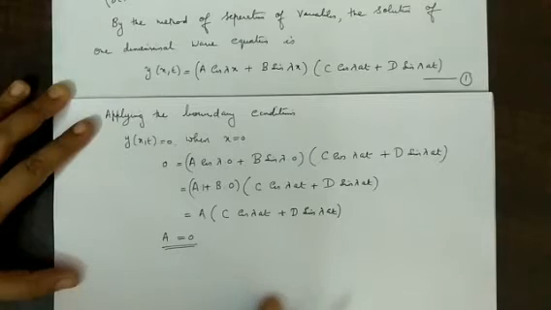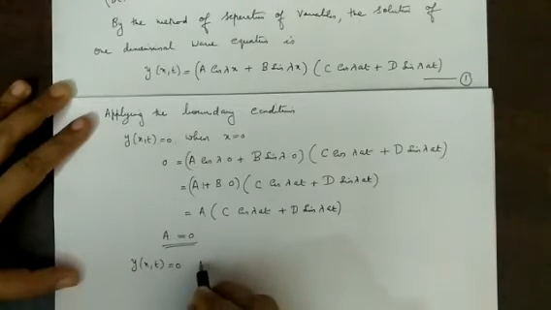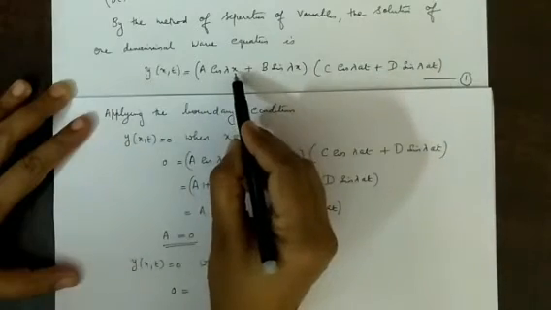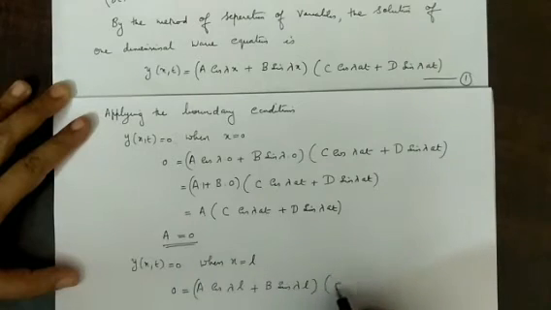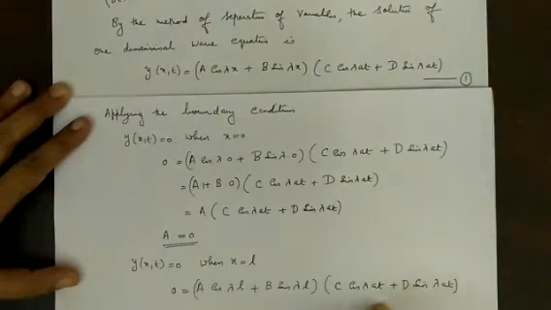Now applying the second boundary condition to the same equation: y of x,t equal to 0 when x is equal to L. That is, (a cos lambda L plus b sin lambda L) into (c cos lambda at plus d sin lambda at), with no change in the second factor because there is no term containing x there.